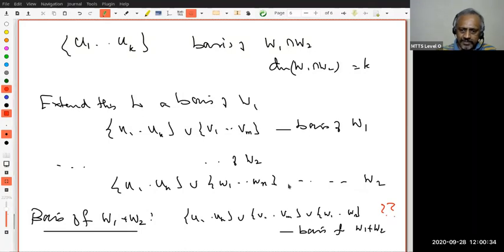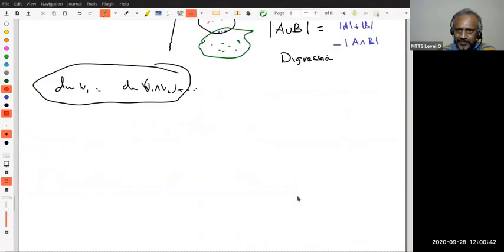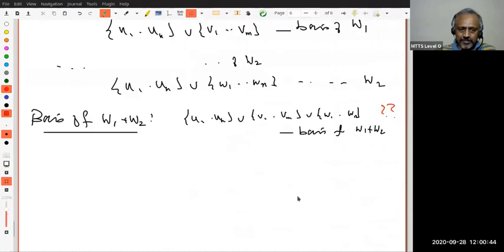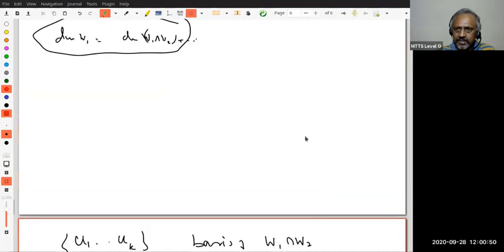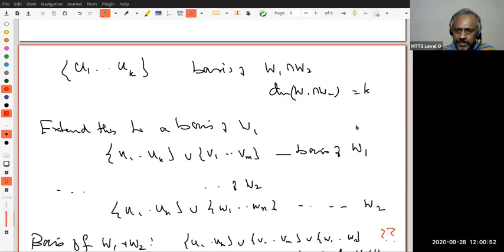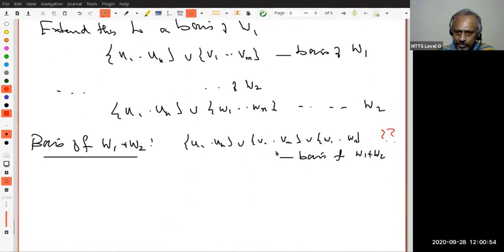Because suppose this is true, then I am through. Do you see that? What is my A? Go back to the finite set. The dimension of W1 is the number of elements in A. What is A? U1 to UK, V1 to Vm. And the dimension of W2 will be the number of elements in B. What is B? U1 to UK and W1 to Wn.